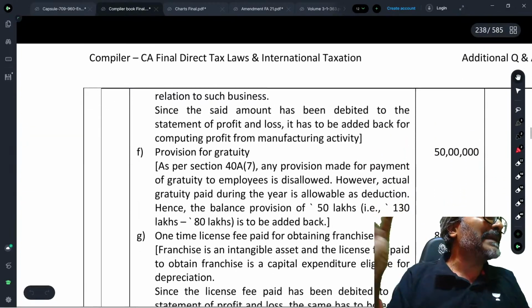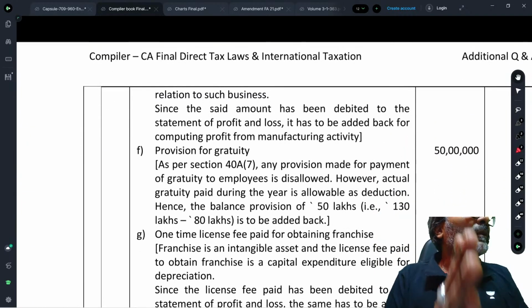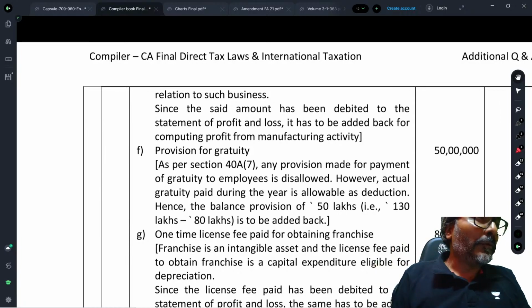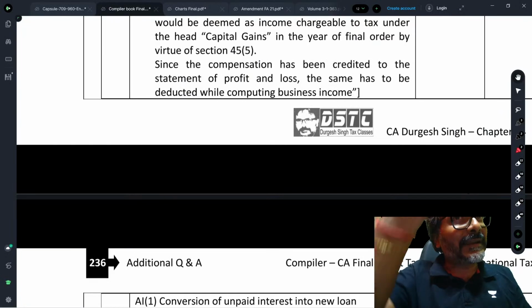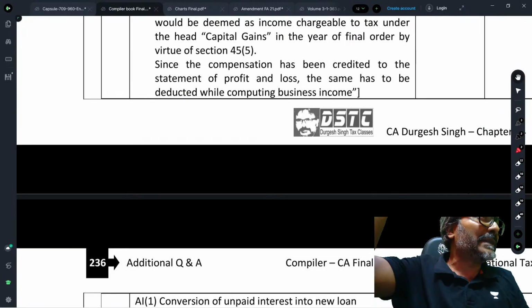The second amendment, as you all are aware, is in respect of an Indian citizen who is actually a non-resident as per section 6(1).